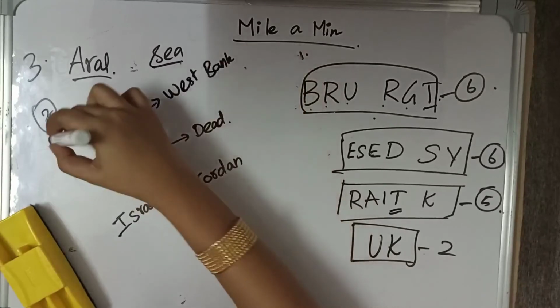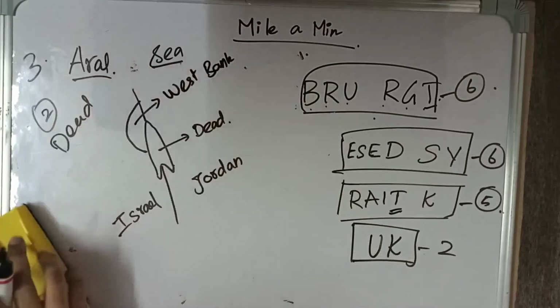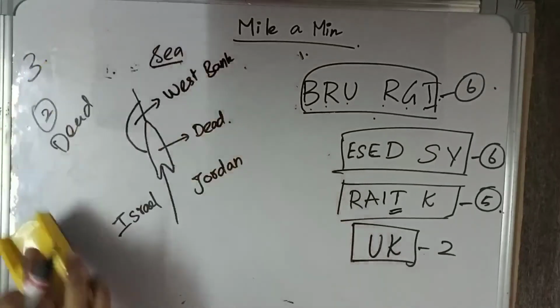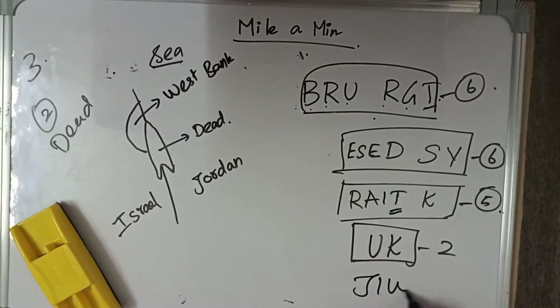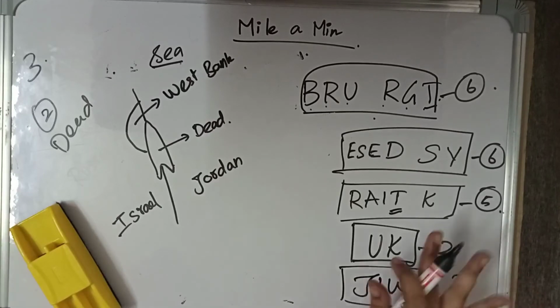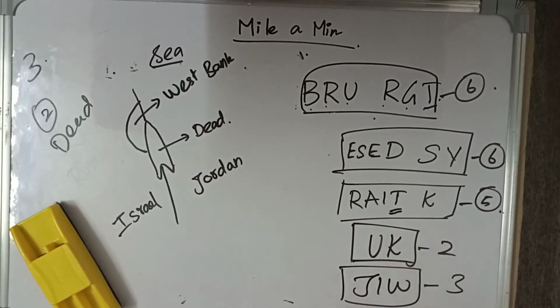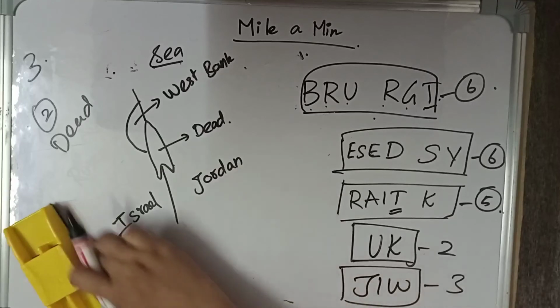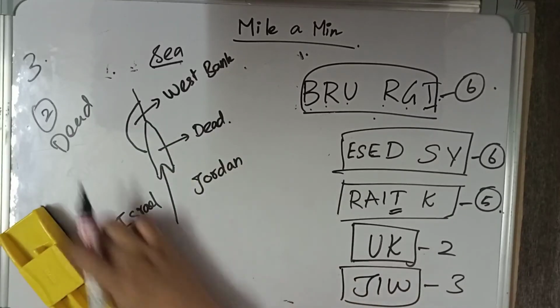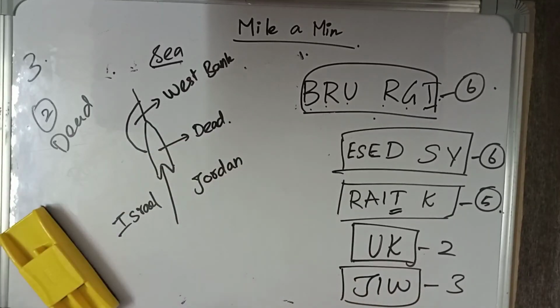So Dead Sea shares border with 3 countries, JIW, and those are Jordan, Israel and West Bank. Okay. So it is for Dead Sea.